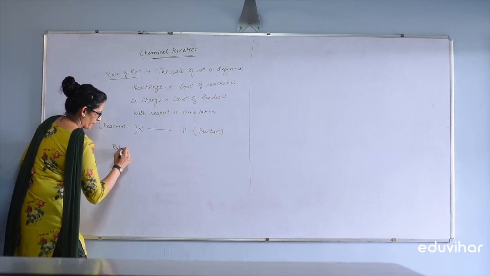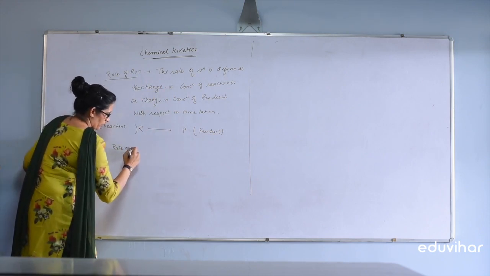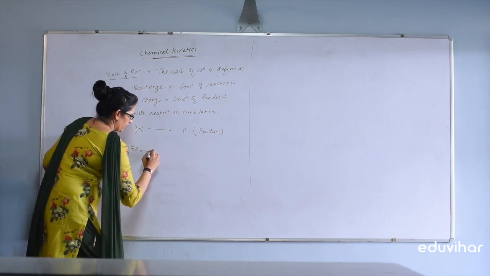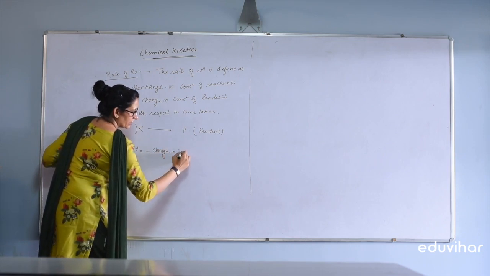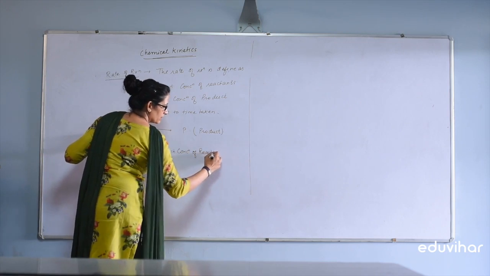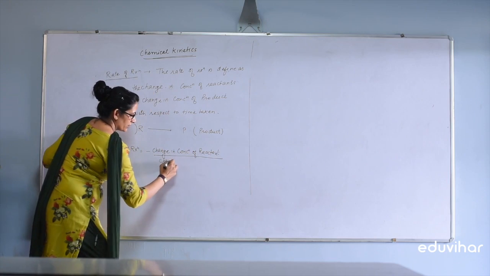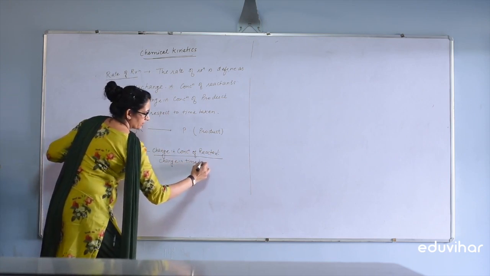Rate of reaction is equal to negative change in concentration of reactant divided by the change in time taken.